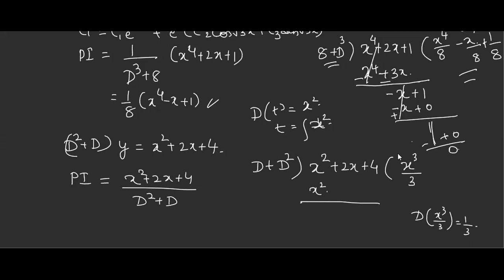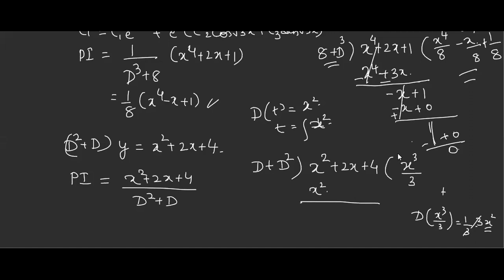What is the derivative of x cube? 3x square. Isn't it? It is balancing. Got it? So if a constant is there, no problem. But if you have a term like D, you have to take it in this format. You integrate it, and that is your quotient to be taken. Hope that's clear. Okay, plus the second order derivative of x cube by 3.